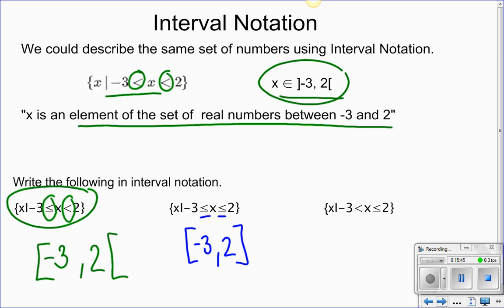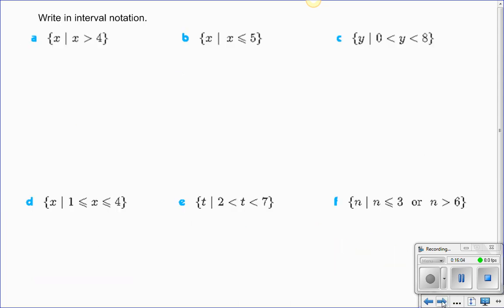And the third one, this one doesn't have an equal sign. So that one's not included, and 2 is included because it does have an equal sign here. Okay, we're going to do that for the rest of these.